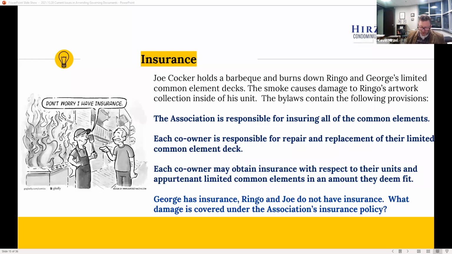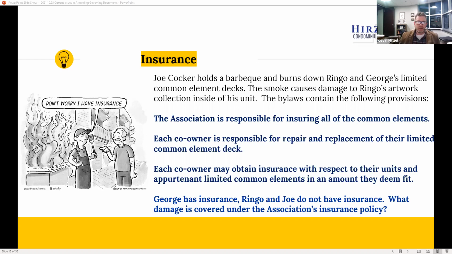And then with respect to George's deck, George does have insurance. I would expect George to be responsible. It should be George and George's insurance carrier that's responsible for that, in large part because he's also supposed to be responsible for repair and replacement. There is a possibility here, though, that if the insurance provision can be interpreted to have the association carrier as primary and George's carrier as secondary, then the association may also be on the hook in that setting.